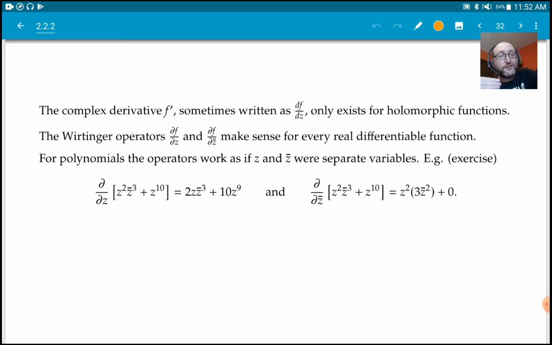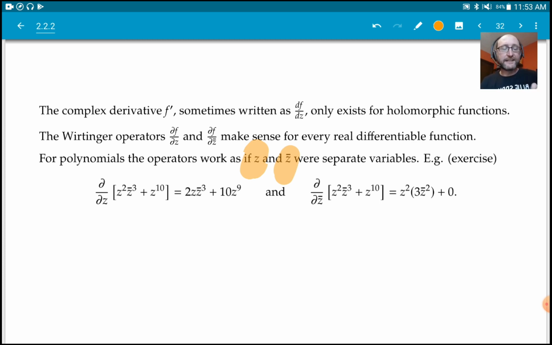Now, if you have polynomials, you can always write them in terms of z and z bar. I have a polynomial in x and y, and I can substitute the x and y for z and z bar. So I have these polynomial functions, not necessarily holomorphic polynomials, not polynomials in z, but polynomials in x and y.